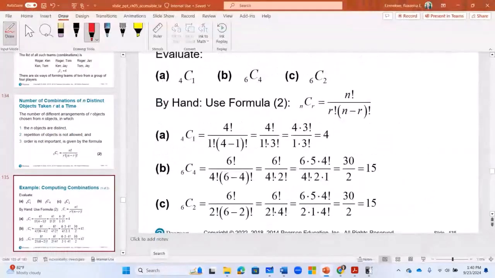You can practice it by hand. If you can practice it by hand, you see you already know it. So for combination, 1 is 4 factorial over 1 factorial into 4 minus 1 factorial. Anytime you see 1 factorial, it is equal to 1.